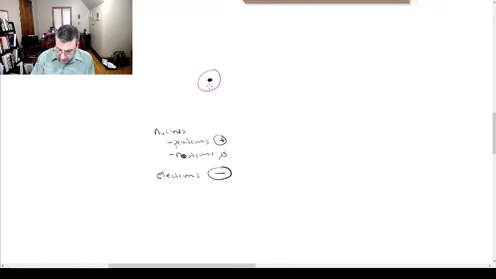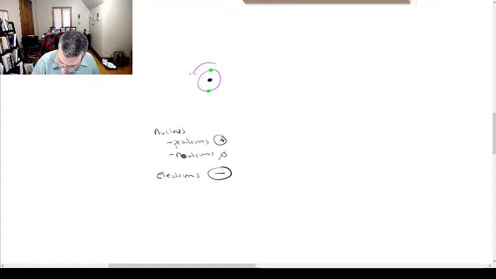So let's look at these different shells. The innermost shell, the shell that is around the nucleus, the closest, can only hold 2 electrons. So let me put those electrons in green here, okay? So the maximum number that inner shell can hold is 2. Once that shell fills up with 2 electrons, then a third electron starts filling in the next outer shell.